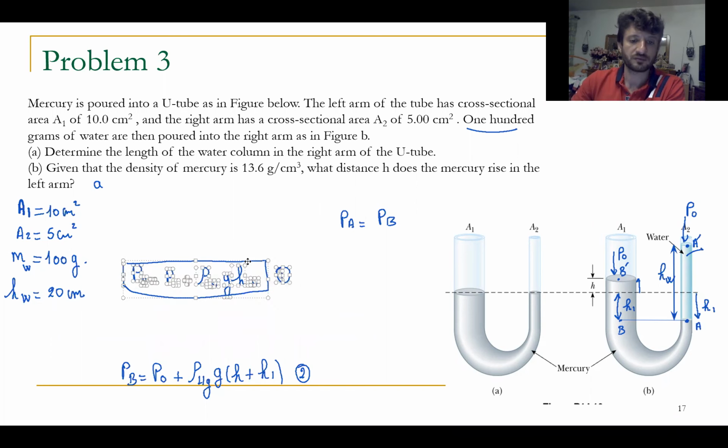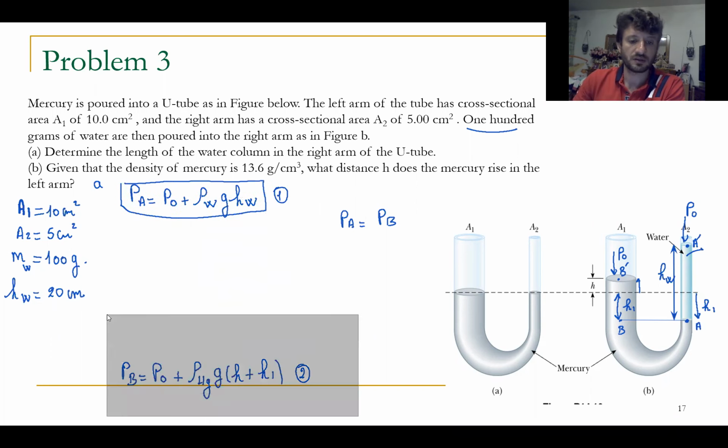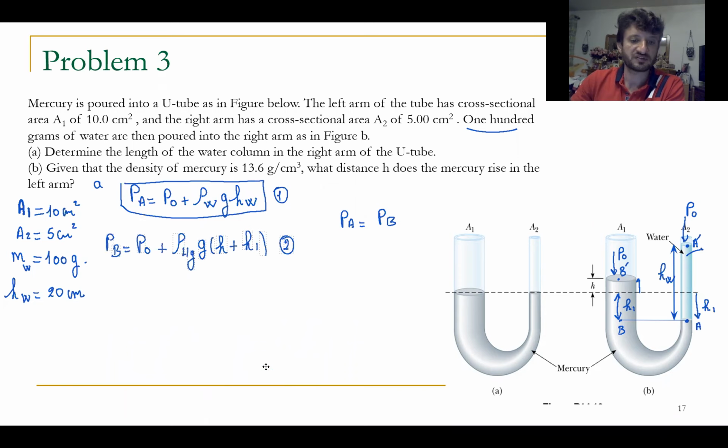We have this equation and this equation, PA and PB.